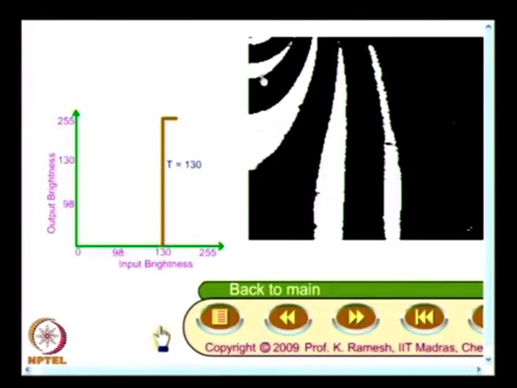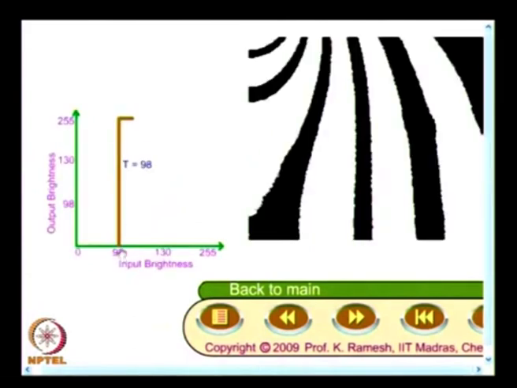I start seeing black regions and white regions demarcated, and the black regions are nothing but your fringe contours. If I change the threshold optimally, suppose I make it 98, which is a very good threshold for this problem, I see so many fringe contours beautifully demarcated. This is one of the greatest advantages in photoelasticity.